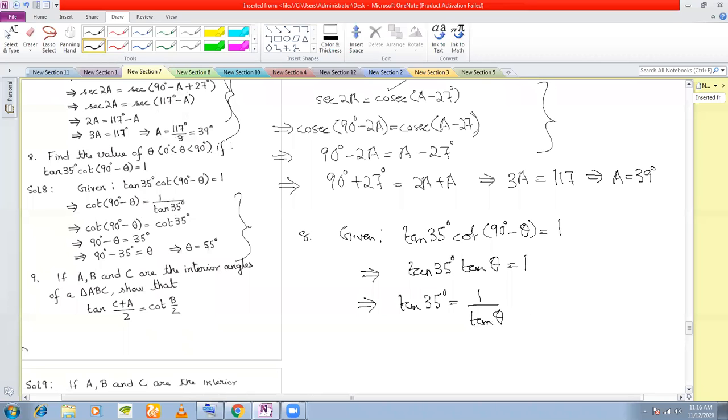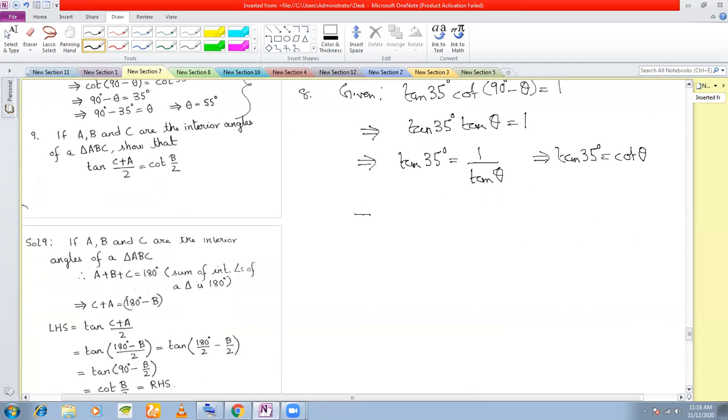I can write it in this manner. That means now tan 35 degree is equal to cot theta. And you know that tan can be changed to cot or cot can be changed to tan.